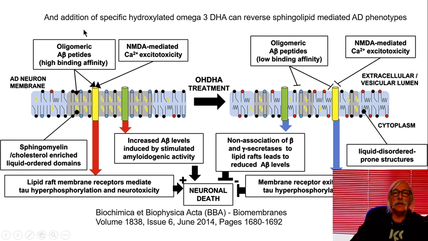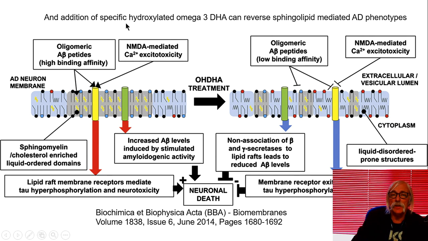So, in addition, now this is really interesting. This came from a paper published in BBA, looking at hydroxylated docosahexaenoic acid, an omega-3 fatty acid that some people suggest is good in the diet. Check out what this paper suggests.